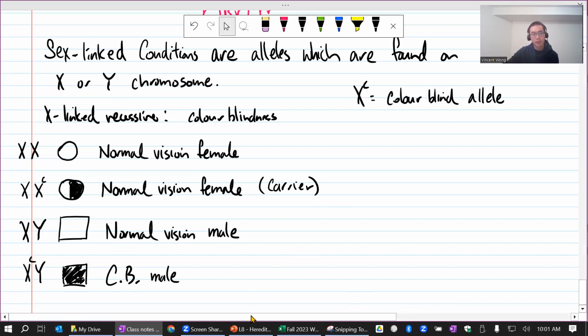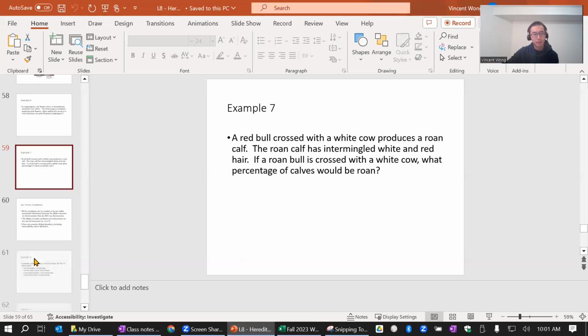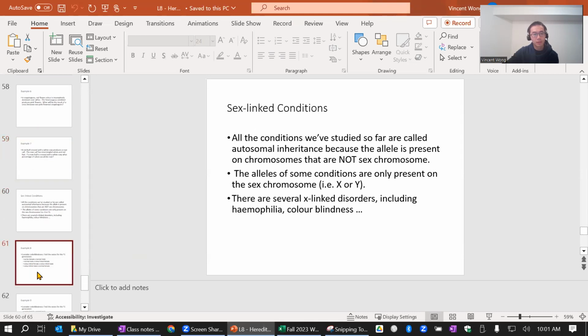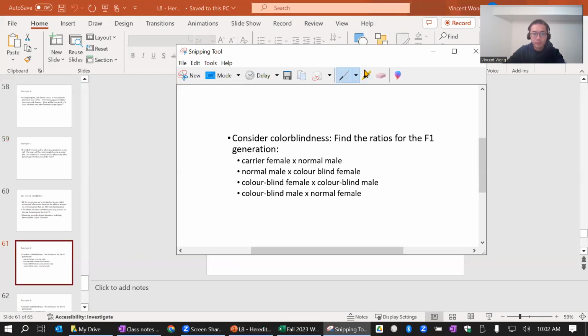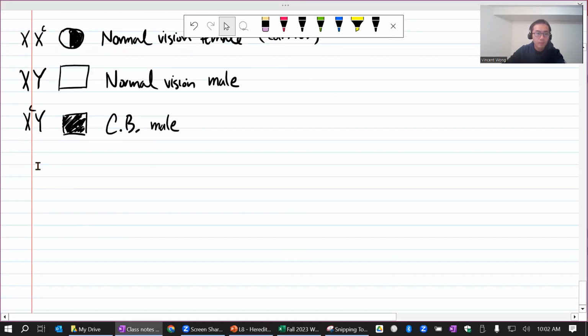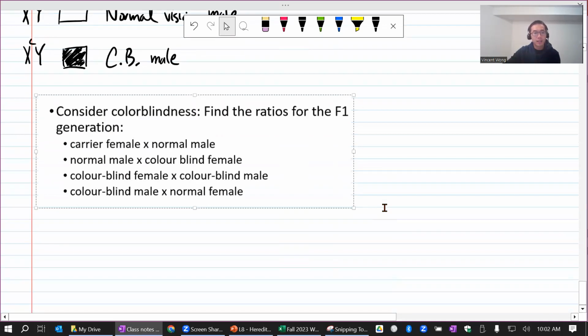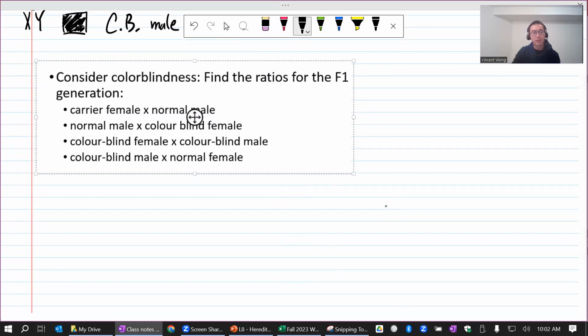Okay. Let's do an example here. Color blindness. Find the ratio for F1 generation.